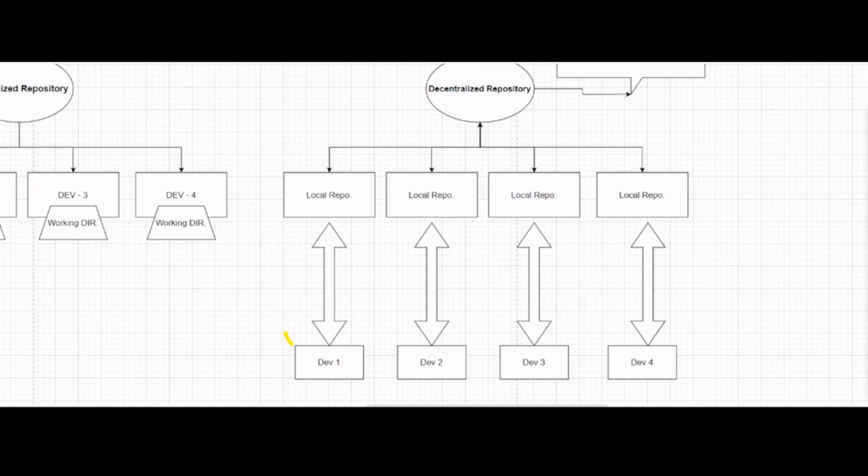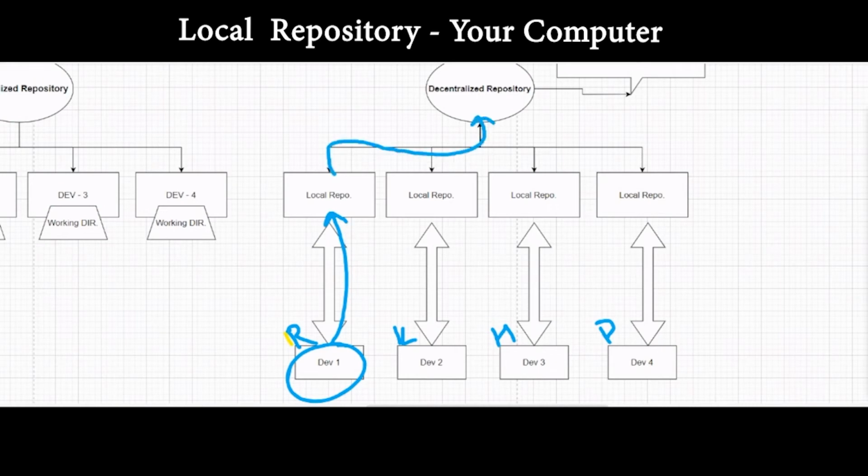Developer 1 is working on making a registration page, developer 2 is making the login page, developer 3 is working on the home page, and developer 4 is working on the payment page, right? So developer 1 has made his source code and updated it to the local repository. Then from the local repository it is pushed to the central repository.